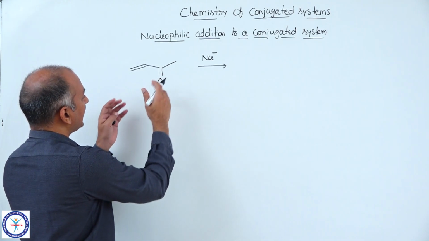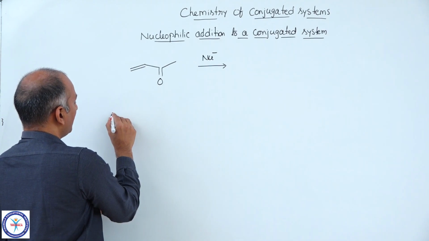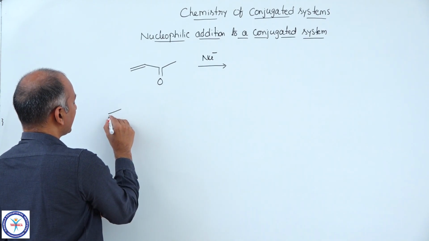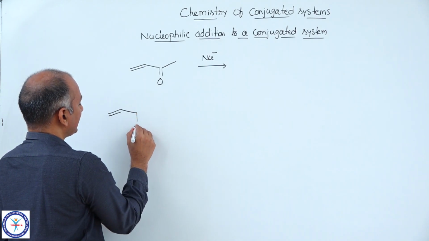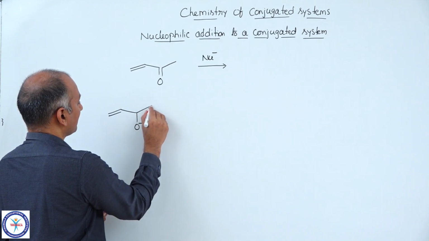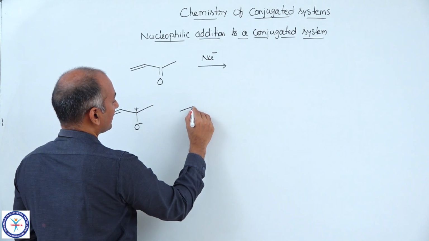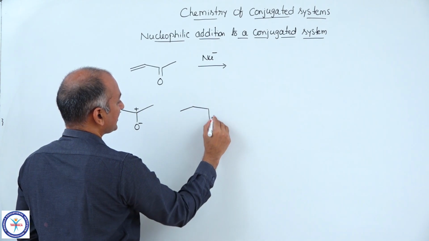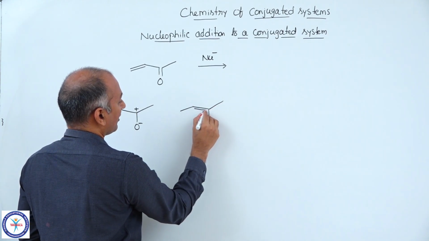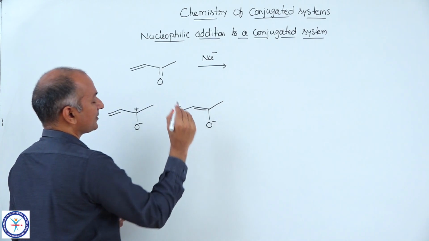Okay. If you see the resonating structures of this compound, one of the resonating structures is O minus, C plus, and another resonating structure is O minus, here double bond, here plus.